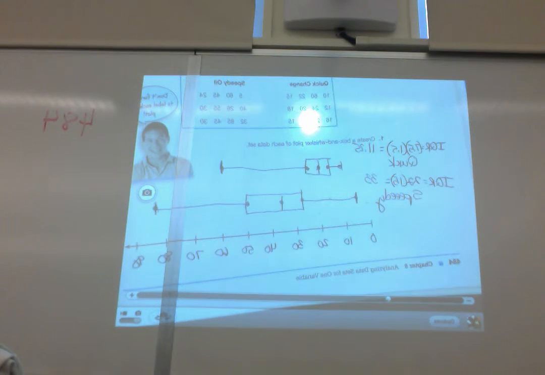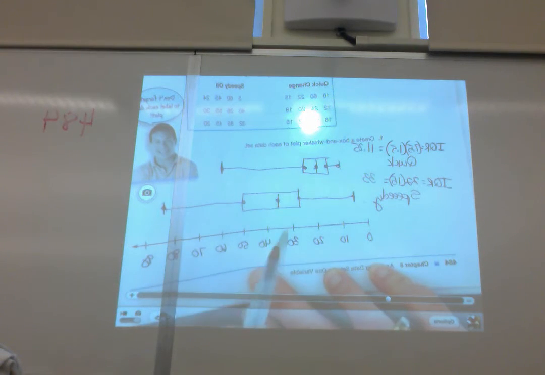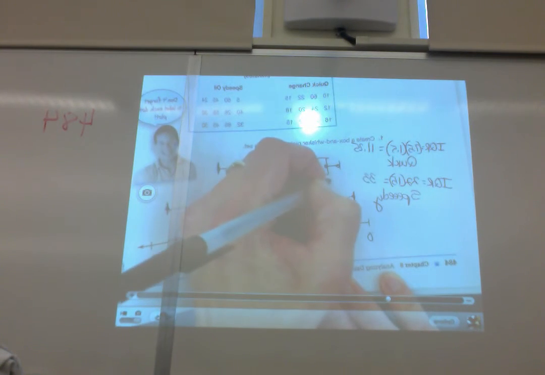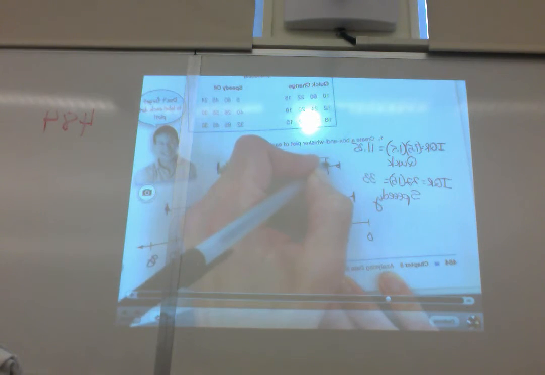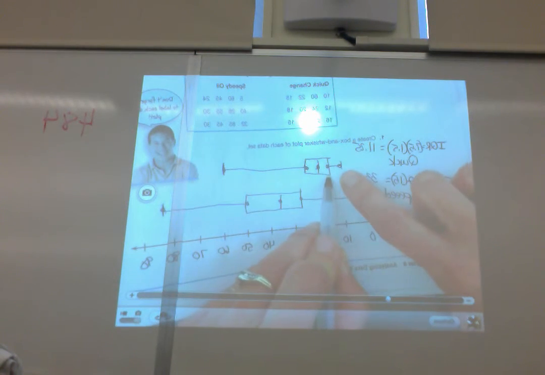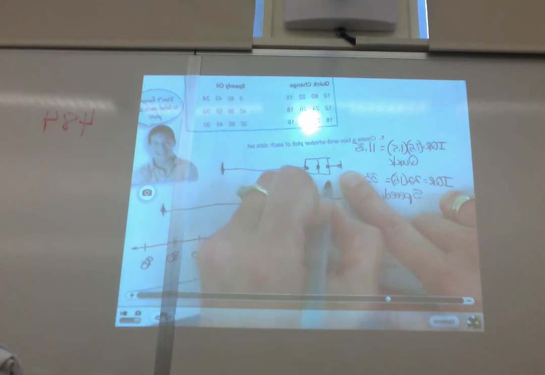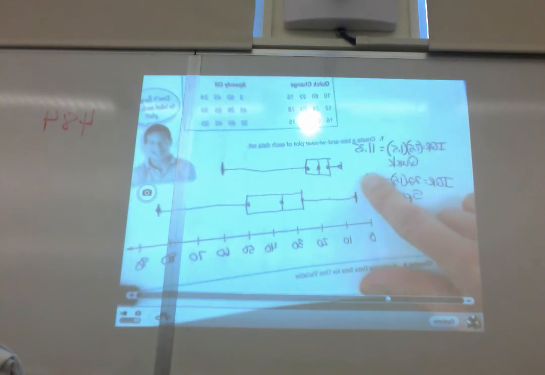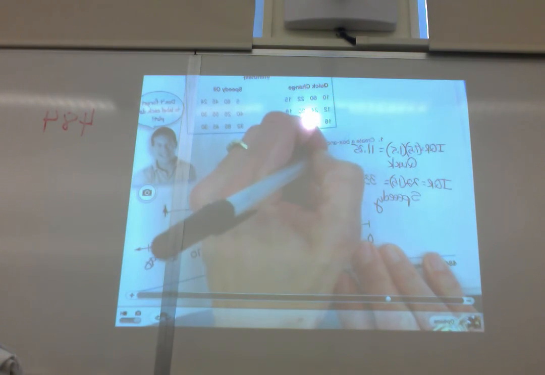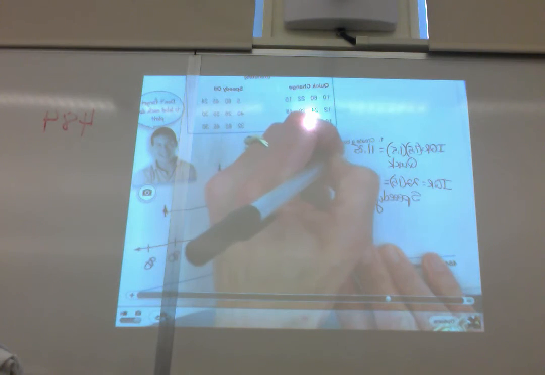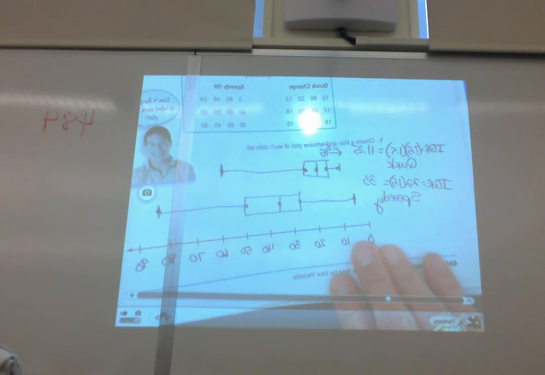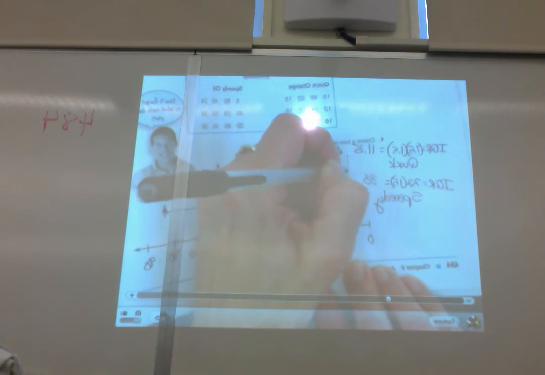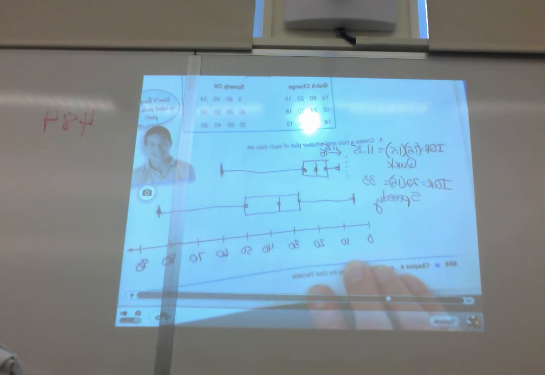So let's see where's the best spot to find that. What's the Q1 for quick? 15. Now we have to figure out the lower fence. You go 15, and then you go down 11.25, or you subtract it. That's 3.75. Do we have anything smaller than 3.75?